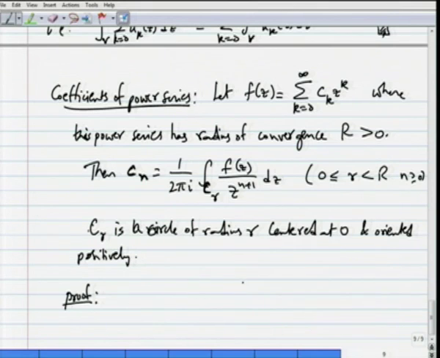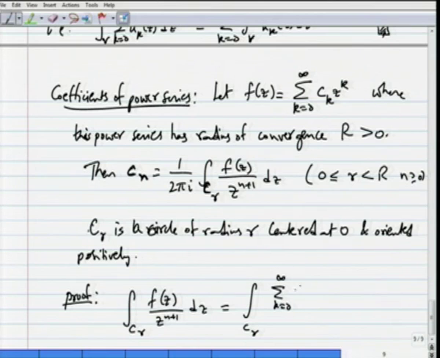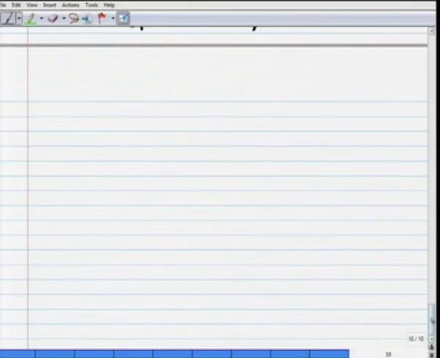The contour integration over C r of f of z divided by z power n plus 1 dz is equal to the integration over C r of the sum k equals 0 through infinity of c k z power k divided by z power n plus 1 dz.